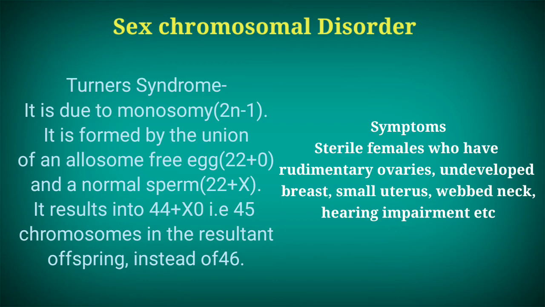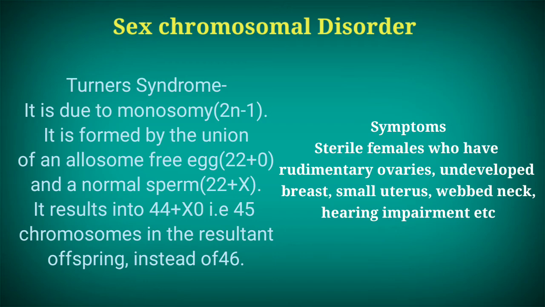44 is the autosomes, and X has come from the male gamete, which is the normal sperm, and the O is from the allosome-free egg, and it resulted in 45 chromosomes in the resultant offspring instead of 46. So this Turner syndrome can be seen normally in female individuals.